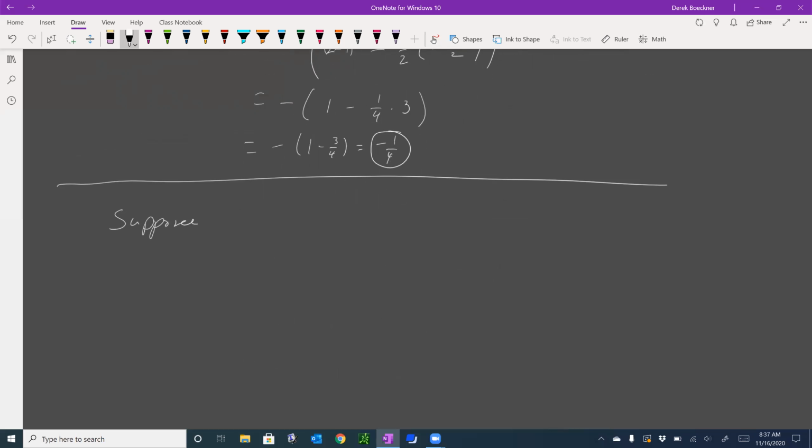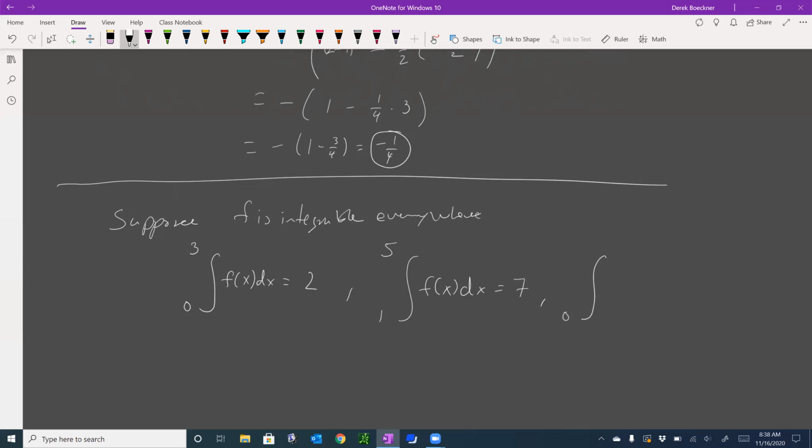Suppose f is integrable everywhere. And what I mean by that is on any finite interval, you can find a finite area for the thing. And the integral from 0 to 3 of f of x dx equals 2. The integral from 1 to 5 of f of x dx equals 7.